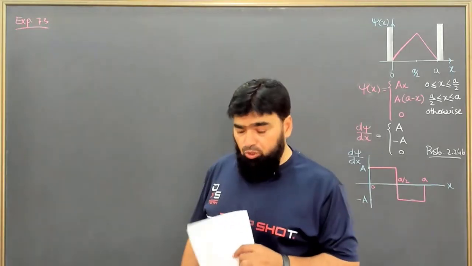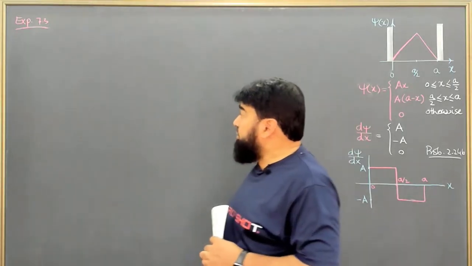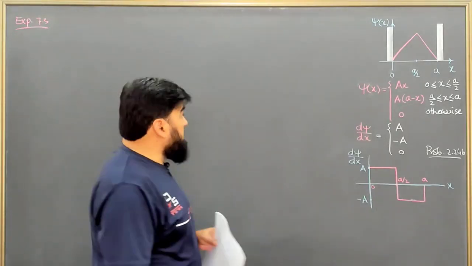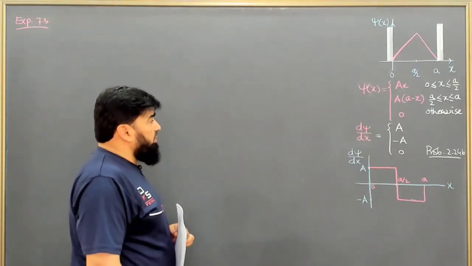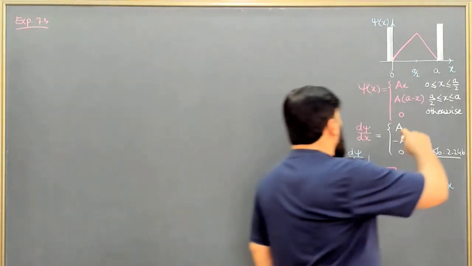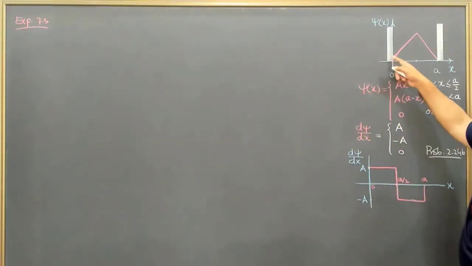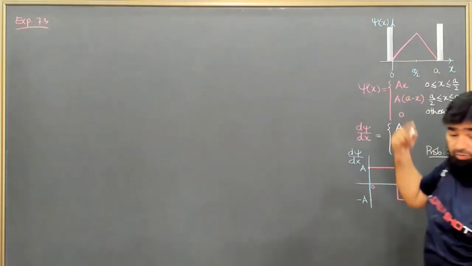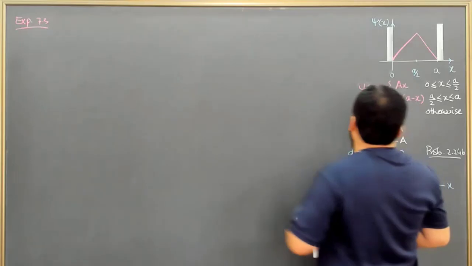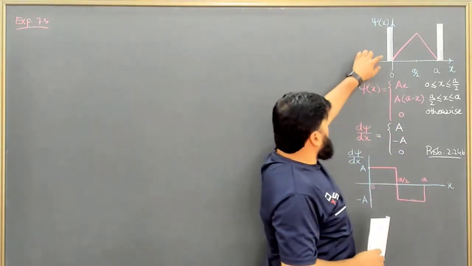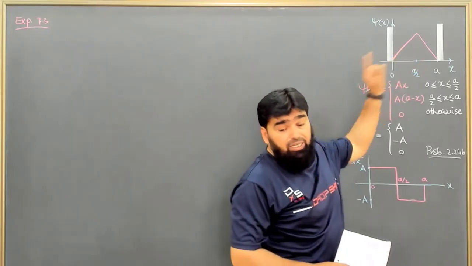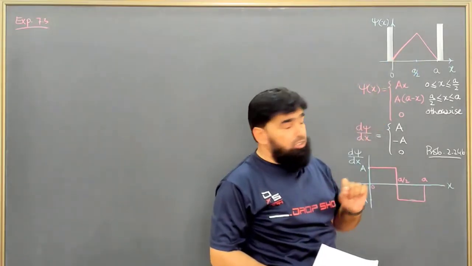Now we are going to solve example 7.3, and example 7.3 is such that we are having an infinite potential on the walls, and inside of this potential well we are having zero potential. The wave function of the particle is triangular in nature.